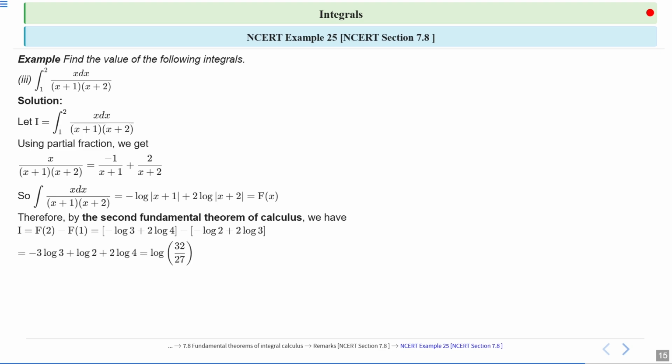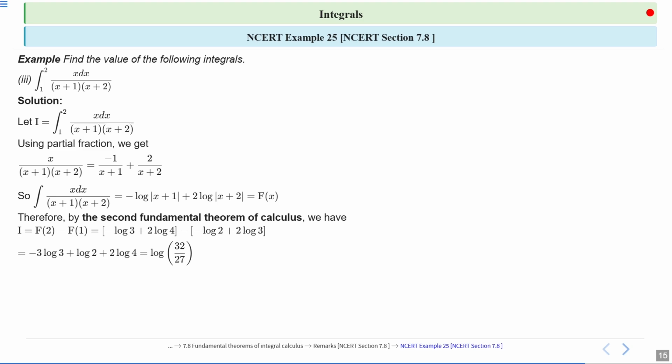So when we simplify, we get minus 3 log 3 plus log 2 plus 2 log 4. So just apply the properties of logarithms. That is, log a plus log b is log a into b, and log a minus log b is log a by b.